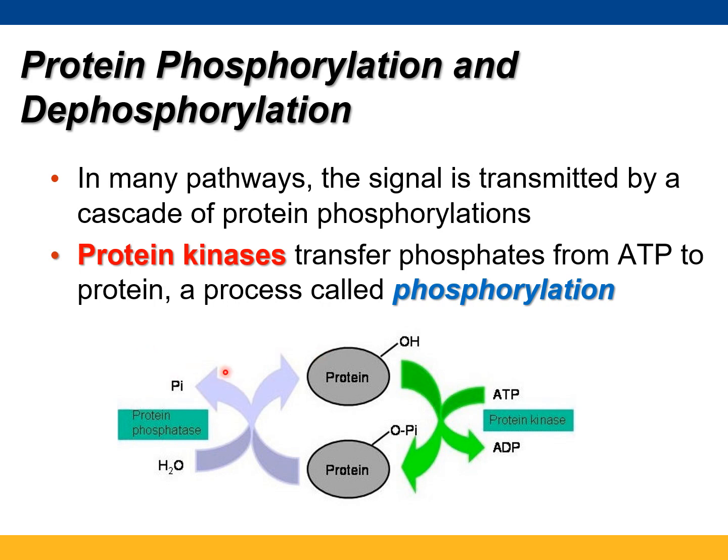They won't transfer it usually back to ATP. Creatine kinase is kind of a weird example of something like that. But in this case, what we're doing is we're just popping that phosphate off, and we're back to an unphosphorylated protein. Again, these two forms of the protein may have very, very different behaviors or shapes.